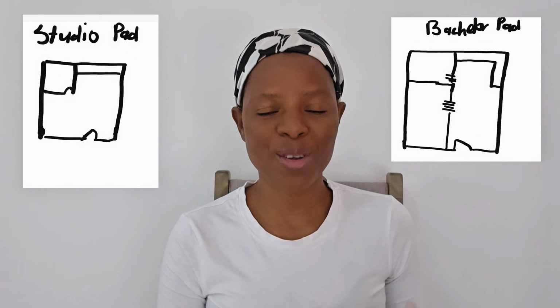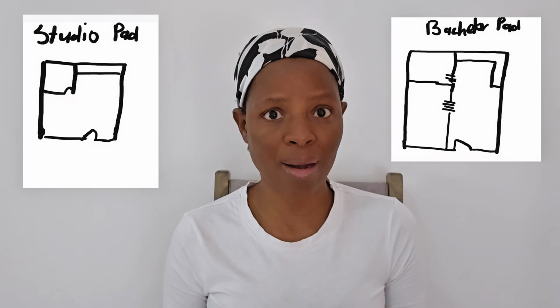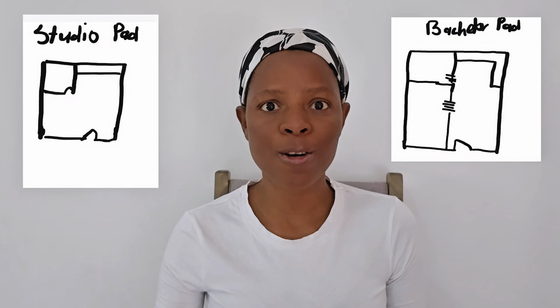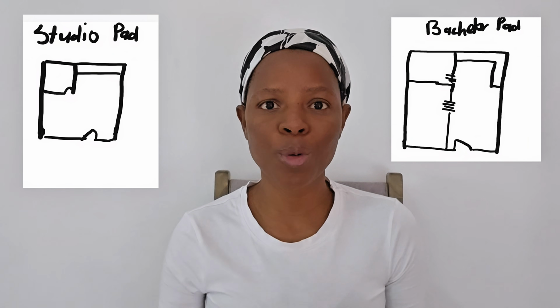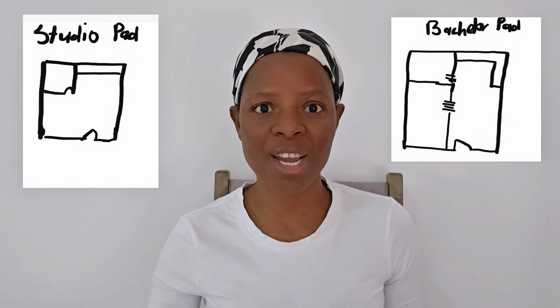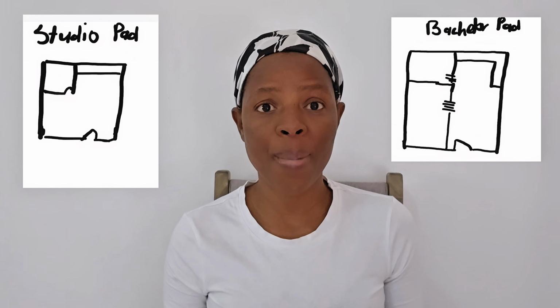But now let's look at a bachelor pad. A bachelor pad is a one-bedroomed house, and then it will have a separate space for the living area and the kitchen. Normally, in most cases, people will do an open plan kitchen. So that space is serving as a living area as well as a kitchen, and then there is going to be a separate bathroom.